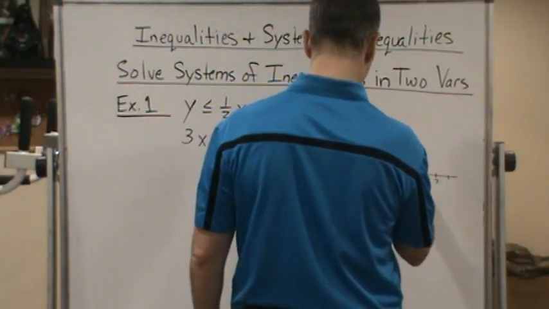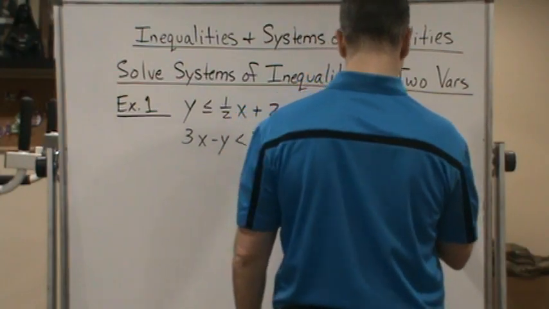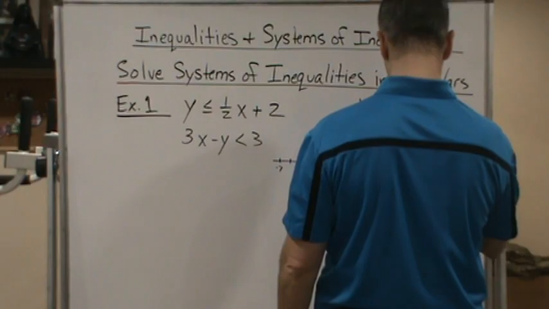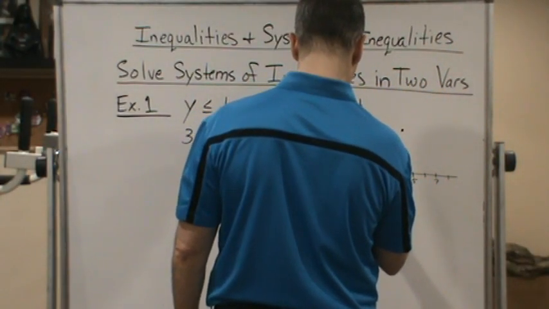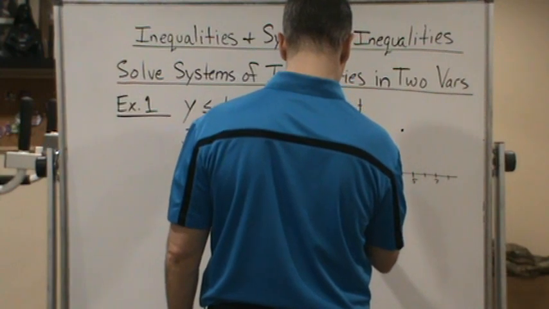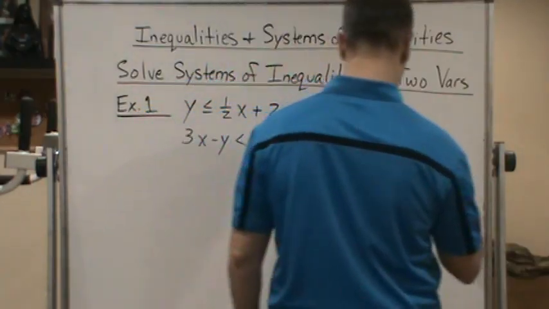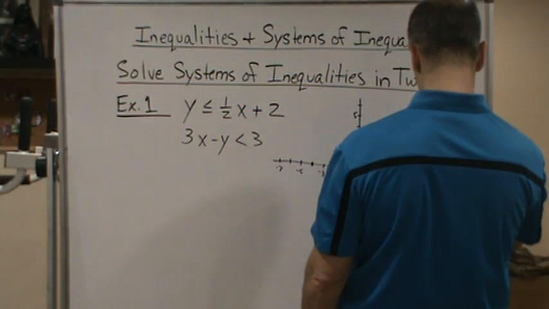Up 1 over 2, and then up 1 and over 2 again. And it goes down 1 over 2, like so. And here we'll go 1 over 2.